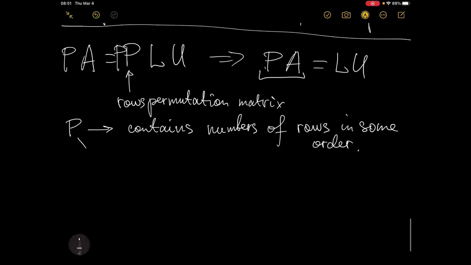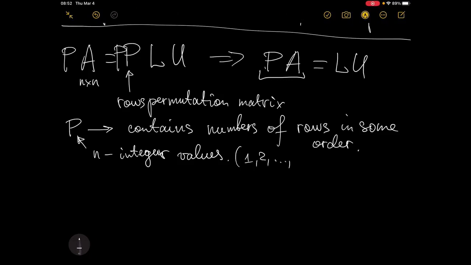In order to store that, for an n by n matrix, all you need is n integer values, which will be just numbers of rows starting, for example, from 1 to n, in some order. That's it.